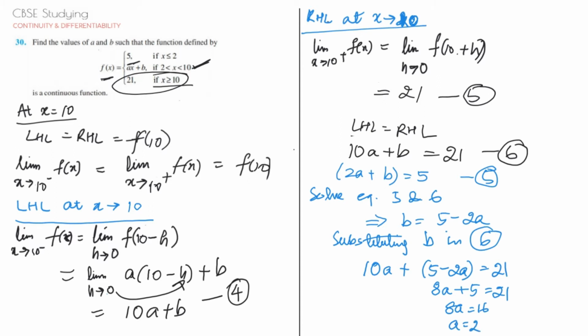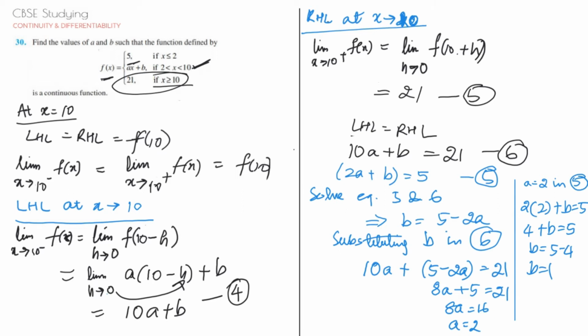Now you want to find the value of b. So how are you going to do that? It's getting a little bit clumsy, but just hold on to it because let's just finish this without changing the screen again so that it's less confusing. So substituting a equals 2 in equation number 5, you get 2 into 2 plus b equals 5. 4 plus b equals 5. b is equal to 5 minus 4. b is equal to 1.